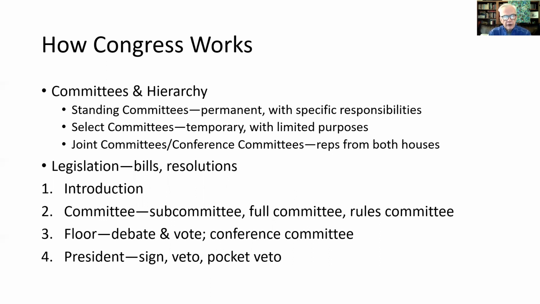Okay. So how does Congress work? The book talks about various aspects of Congress here, including committees and legislation. Committees tend to be hierarchical. Junior or newly elected people in Congress tend to get appointed to committees, and every congressperson gets appointed to a certain number of committees, usually 2 or 3.